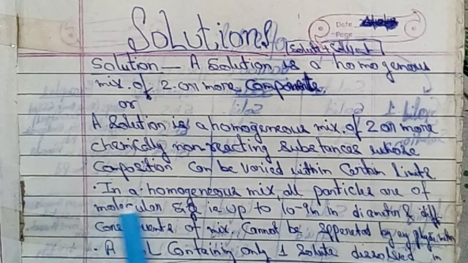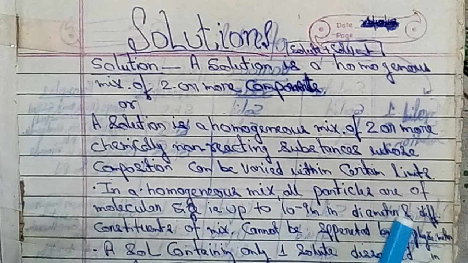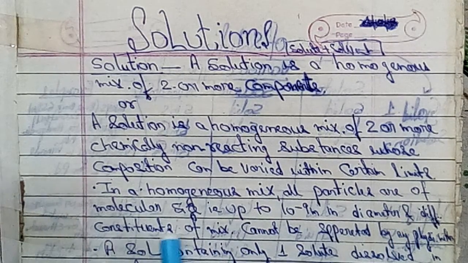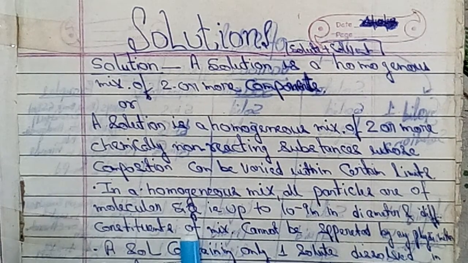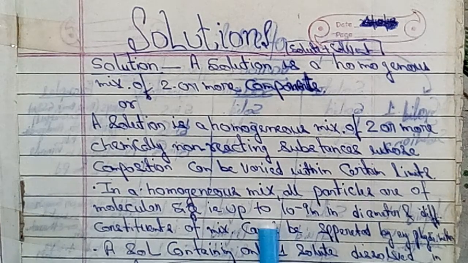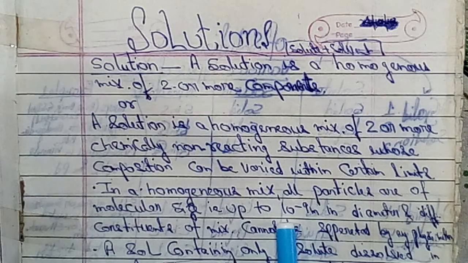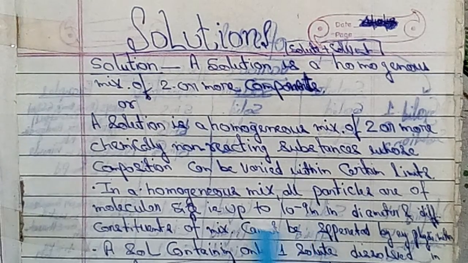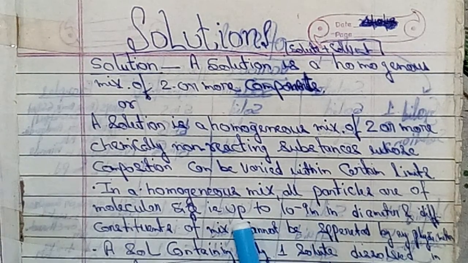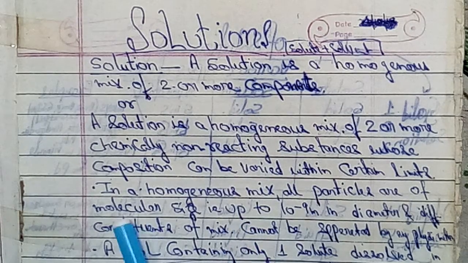Next, in a homogeneous mixture, all particles are of molecular size. So what will be the size of particles in a homogeneous mixture which forms the solution? That is up to 10 to the power minus 9 meter in diameter. Homogeneous mixture which forms solution, what is the molecular size?